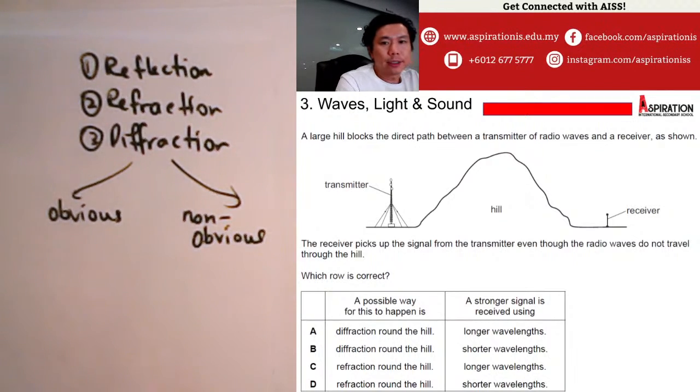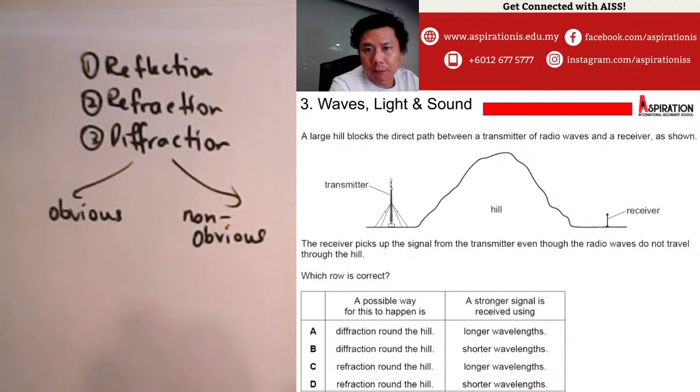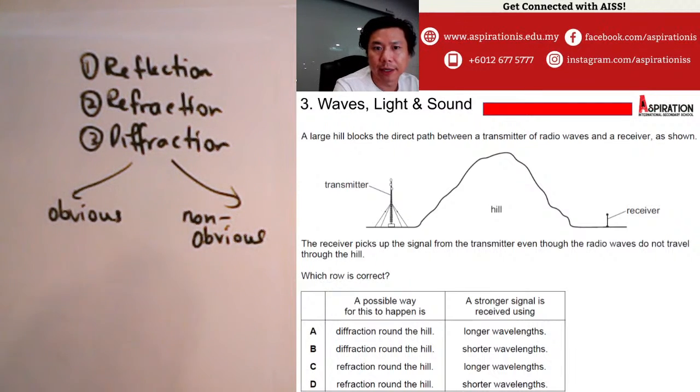Now, when I was teaching this topic, we separated diffraction into obvious and non-obvious. So we categorize diffraction as obvious and non-obvious.